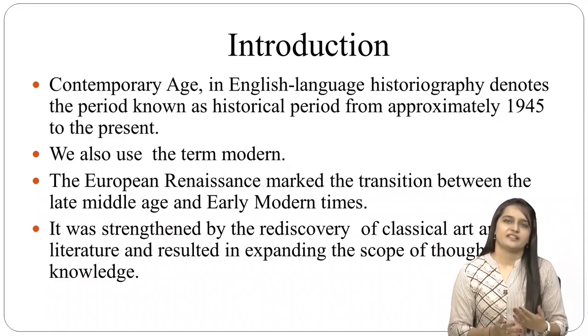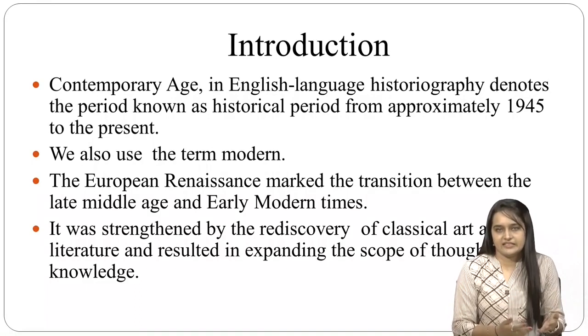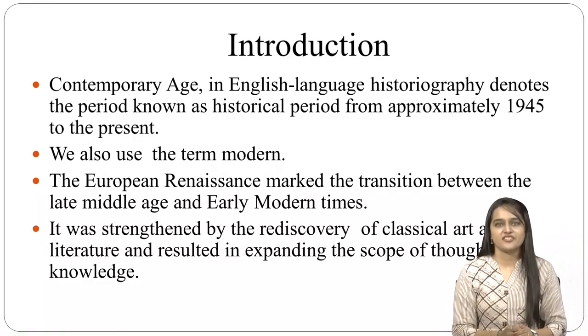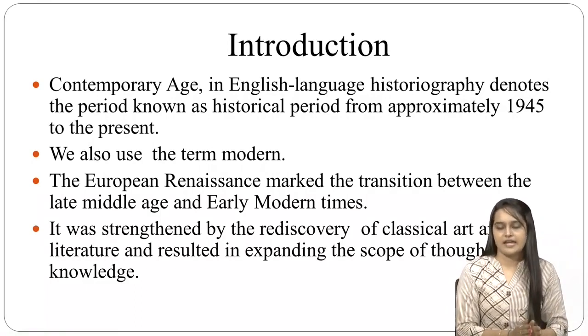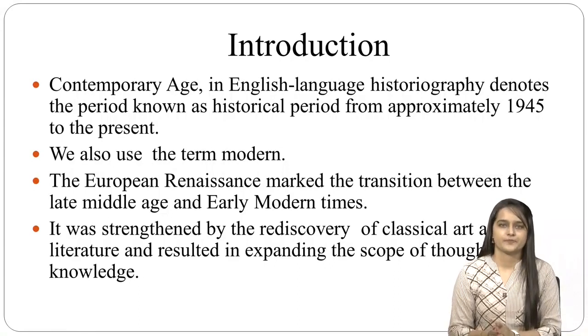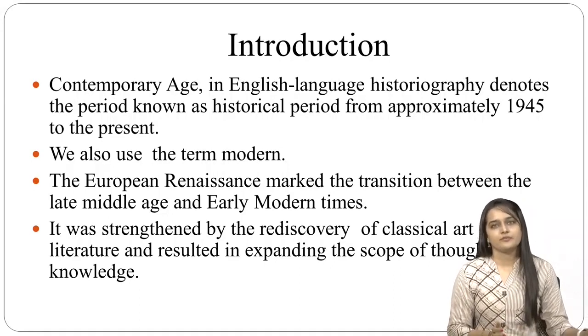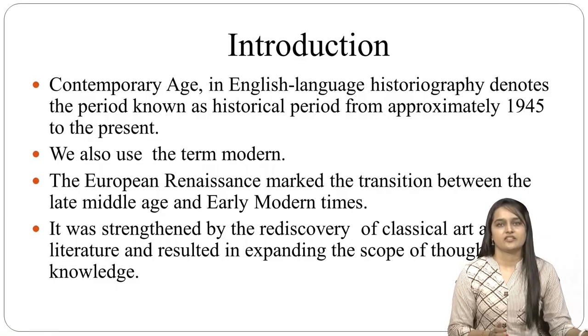The European Renaissance started in Italy, marked the transition between the late Middle Age and early modern times. It was strengthened by the rediscovery of classical art and literature and resulted in expanding the scope of thought and knowledge.